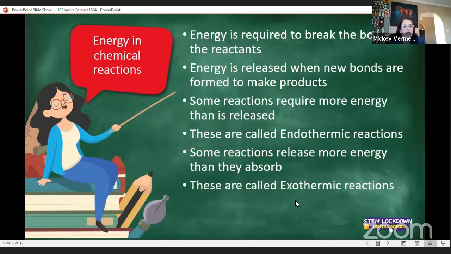Exothermic, good. Now, my easy way of remembering this, and I apologize if you are not Christian or if you are devoutly Christian and you feel that I am attacking you, okay, I apologize. This is how I can remember it.